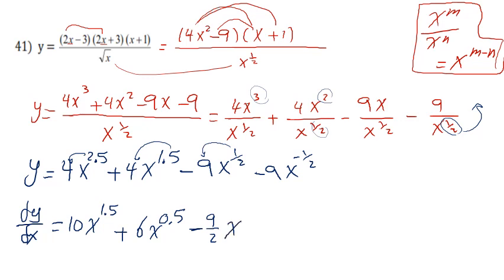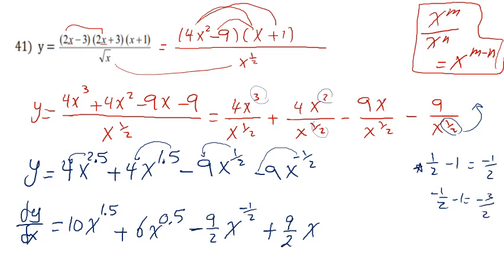And half minus 1 is negative half. Negative multiplied by negative is positive. Half multiplied by 9 is 9 over 2. Subtracting from half, and notice that half minus 1 is negative half. But negative half minus 1 is negative 3 over 2. So it's negative 3 over 2.